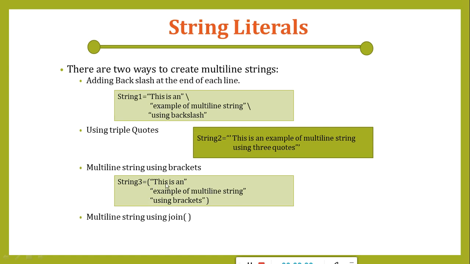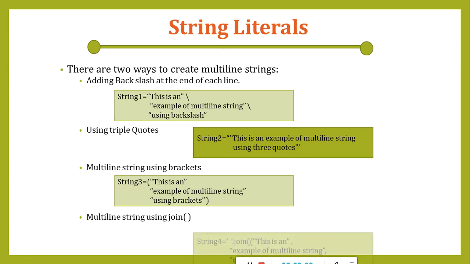The rest is the same: on every line you write the string within quotes, either double or single quotes, and all the lines should be taken within parentheses. This is also a representation of a multi-line string. There is no need for a comma or a backslash, nothing else. Simply we write every string on each new line within quotes.